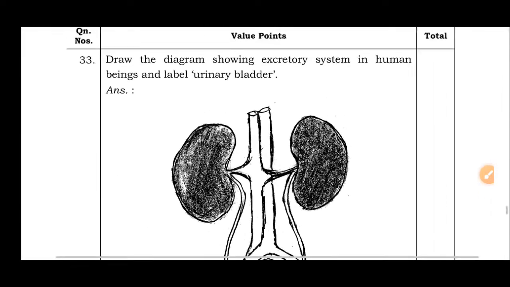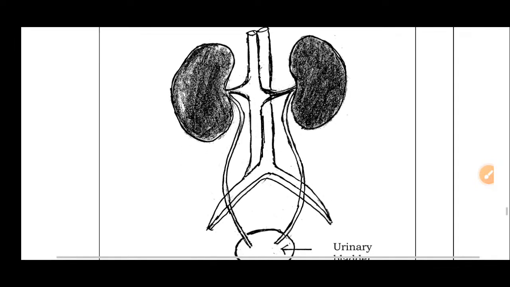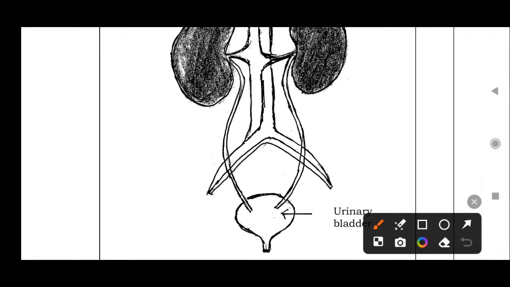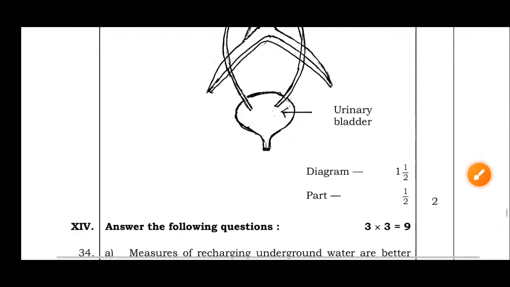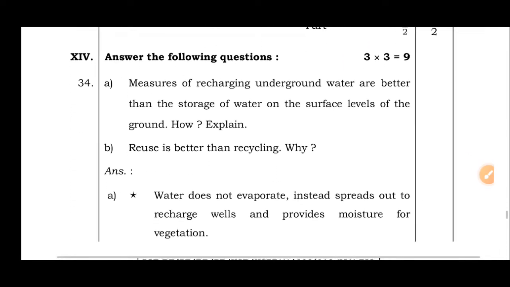Then this is also an important diagram, from the 29 diagrams list I gave. Draw the diagram showing the excretory system in human beings and label the urinary bladder. This is the simple structure of the excretory system, and they asked to label only a single part, the urinary bladder. For the diagram 1.5 marks, and labeling the parts half a mark.